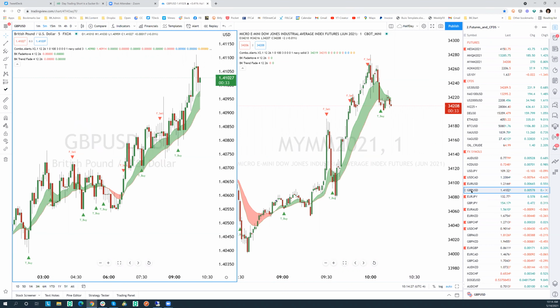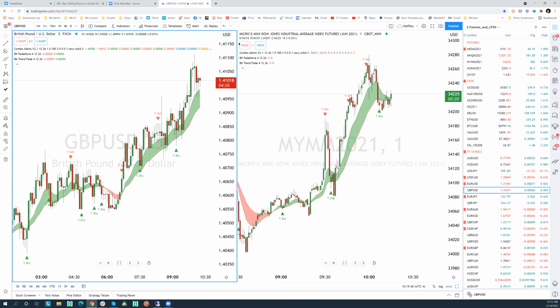What you need for this thing to work well is a clean, clear, defined regime, because what it does is ignore the noise. It skips all the red noise and just focuses on the key green buy entry points. I'm talking about the buy side. And if it was a negative regime, it would go the other way around. I'm actually trying to find something that is a negative regime.